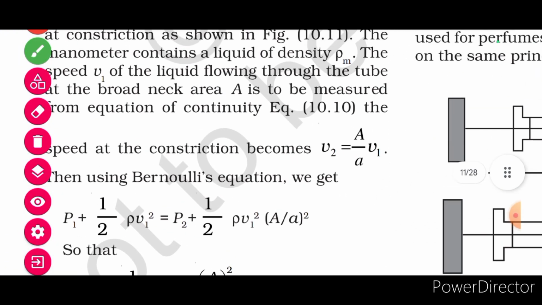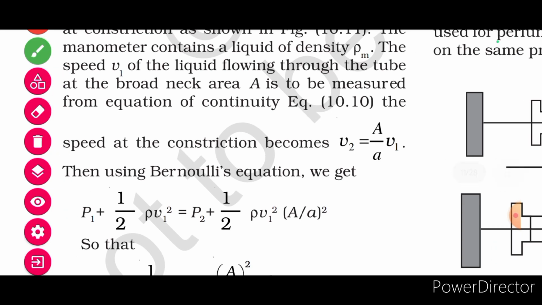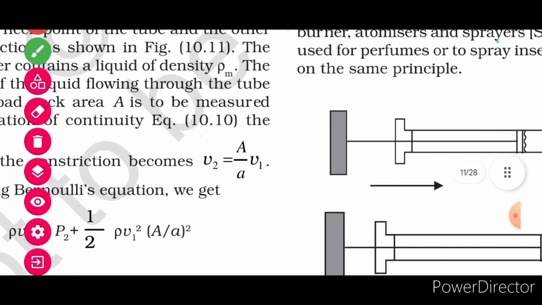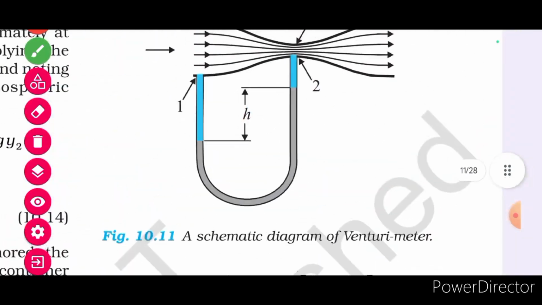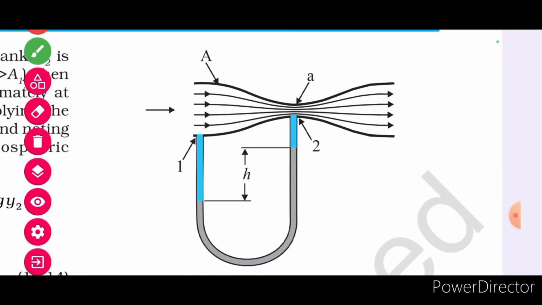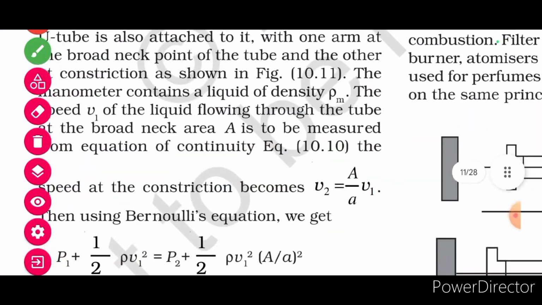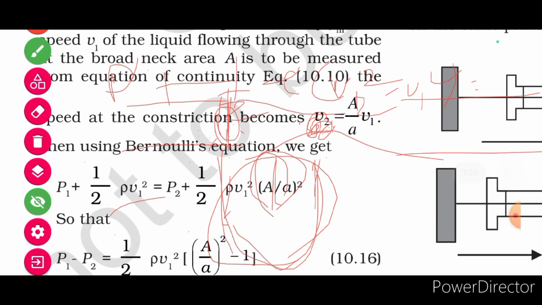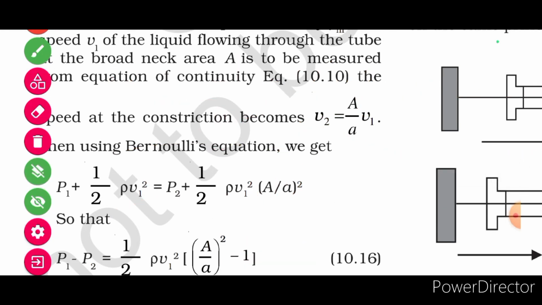By the equation of continuity, v1 A is equal to v2 a. So v2 in this region will be A upon a times v1.